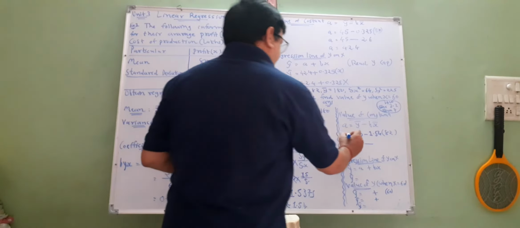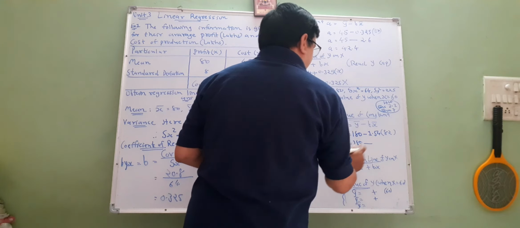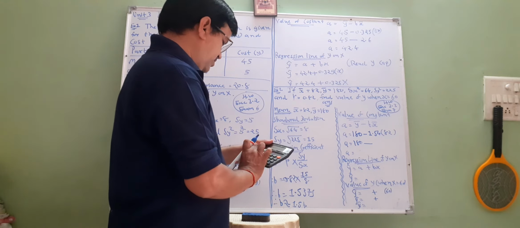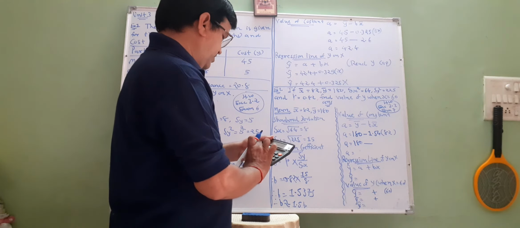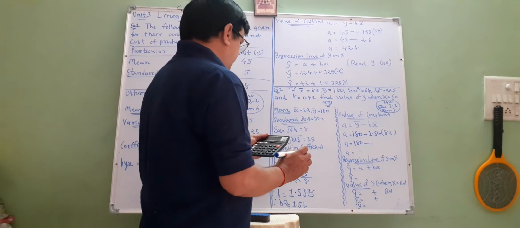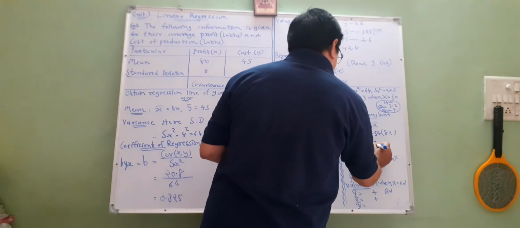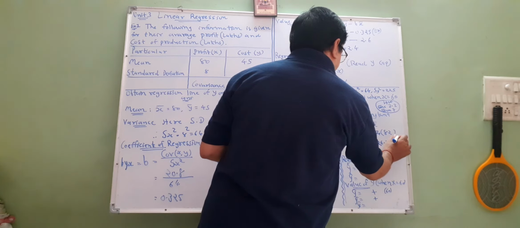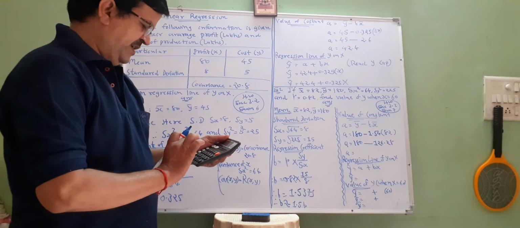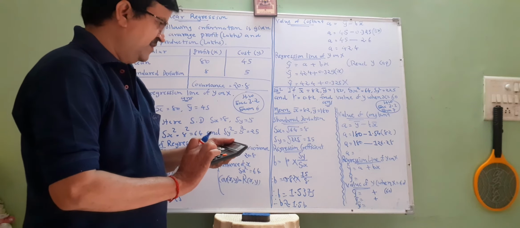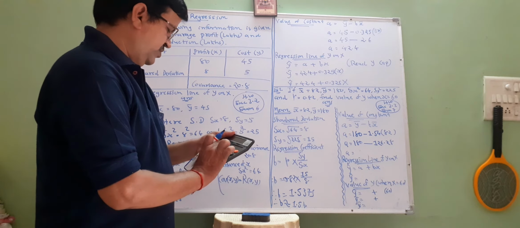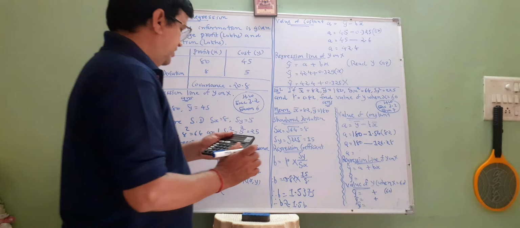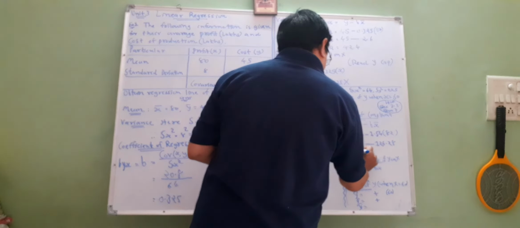So 180 minus 82 into 1.54 is equal to 126.28, and 180 minus 126.28 is equal to 53.72.